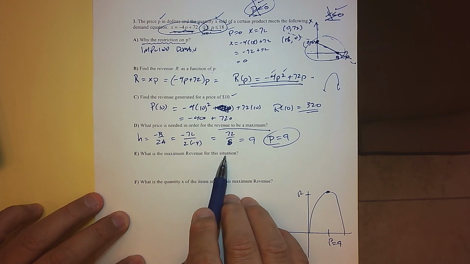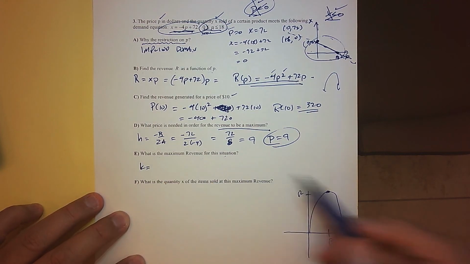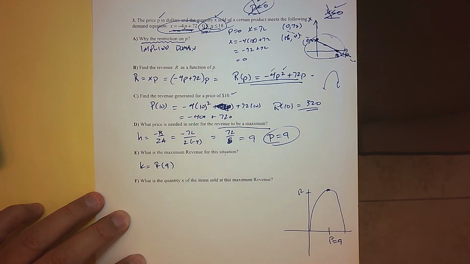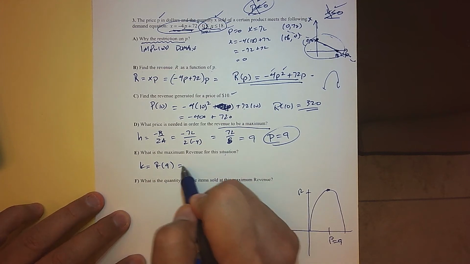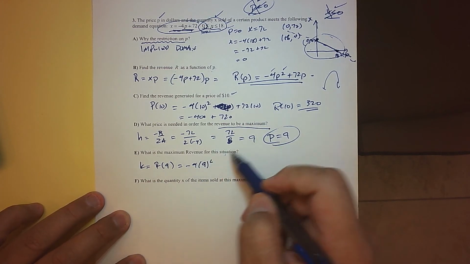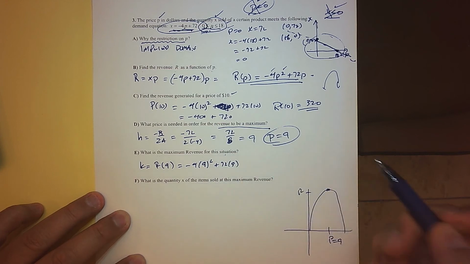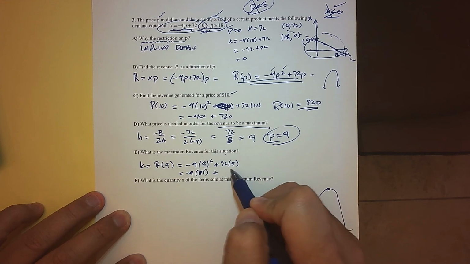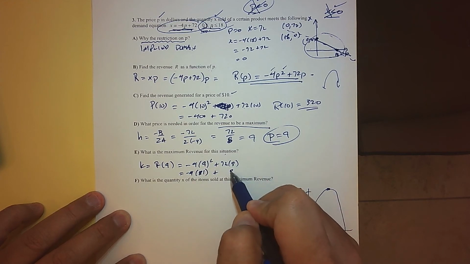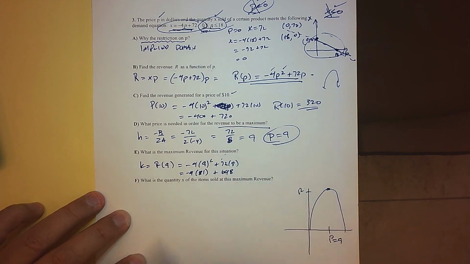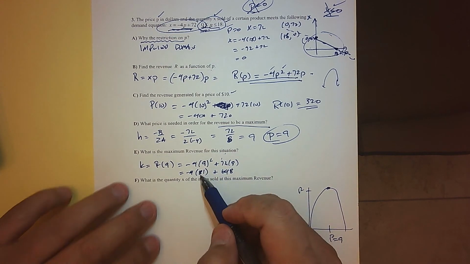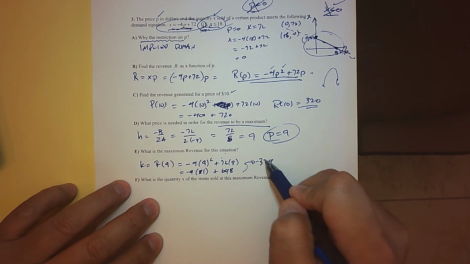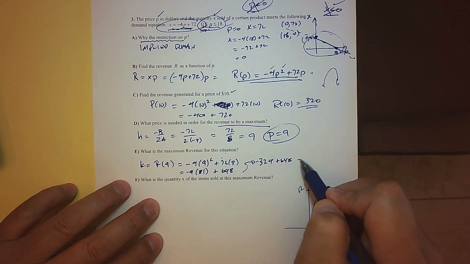So we know that part. What is the maximum revenue? To find K, we evaluate my function at the value that we just found. So we've got to find R of 9. Plugging that in, negative 4 times 81, plus 72 times 9, which is 648. That's negative 324 plus 648.